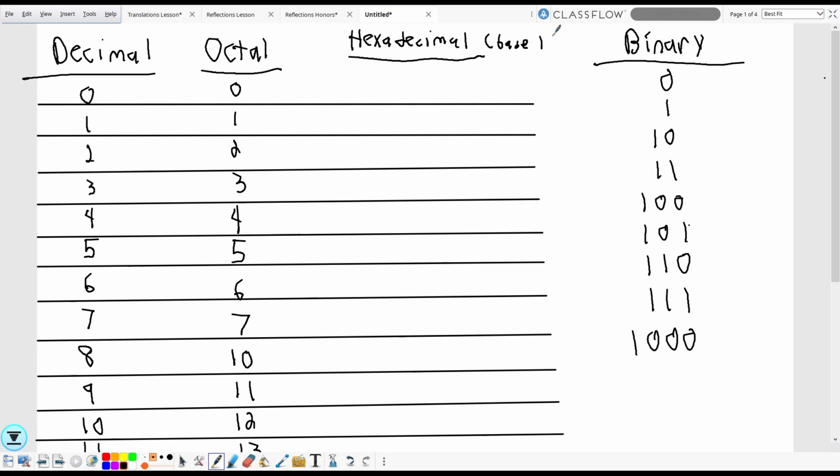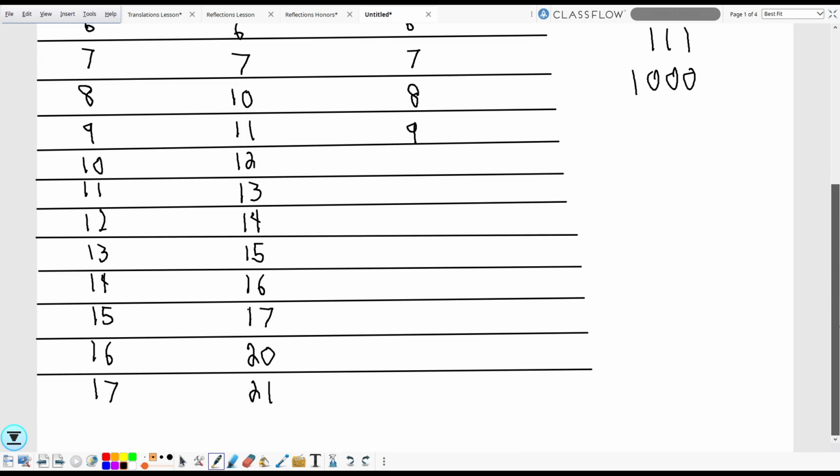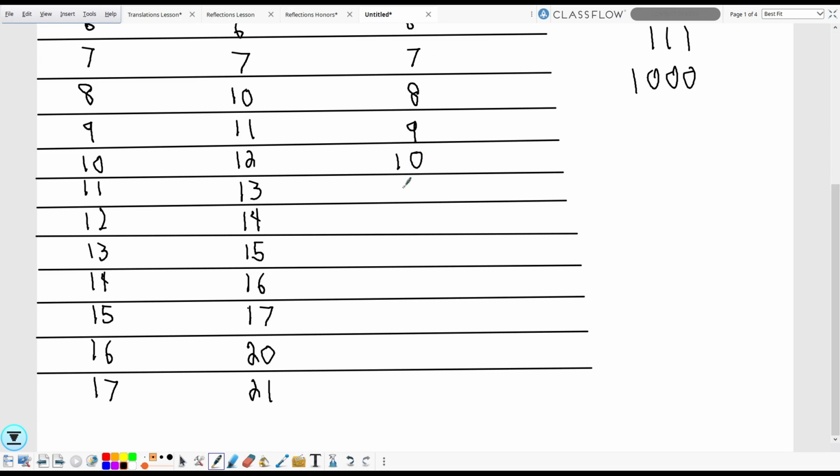Base 16. So you start counting 0, 1, 2, 3, 4, 5, 6, 7, 8, 9, and then 10, 11, 12, 13. What?